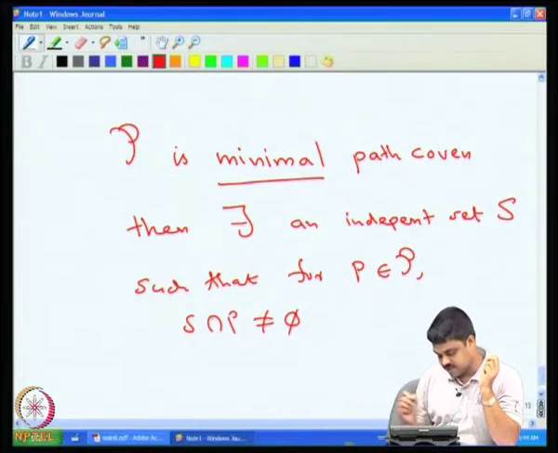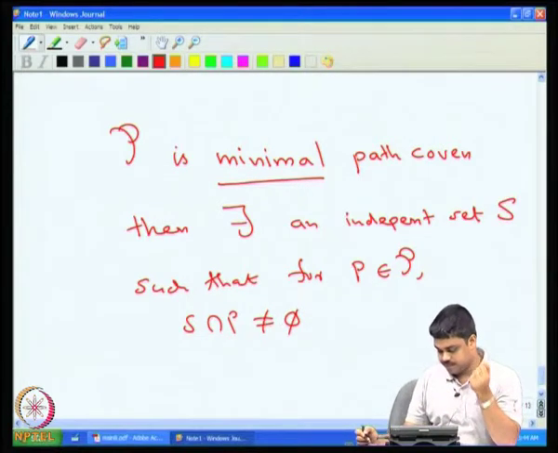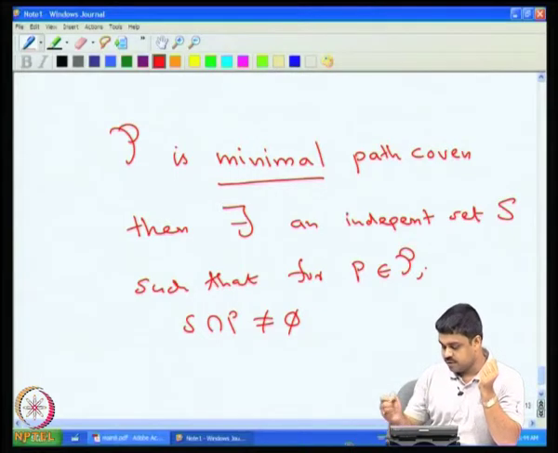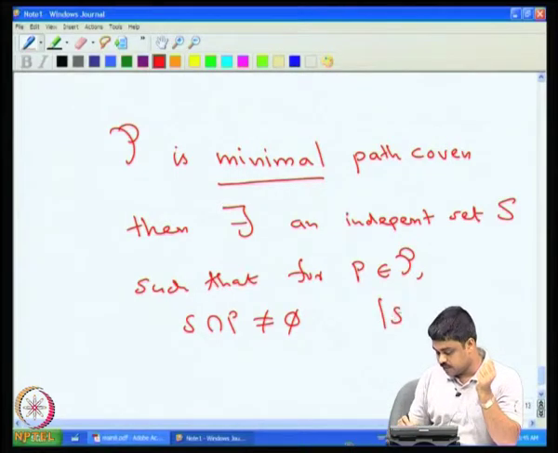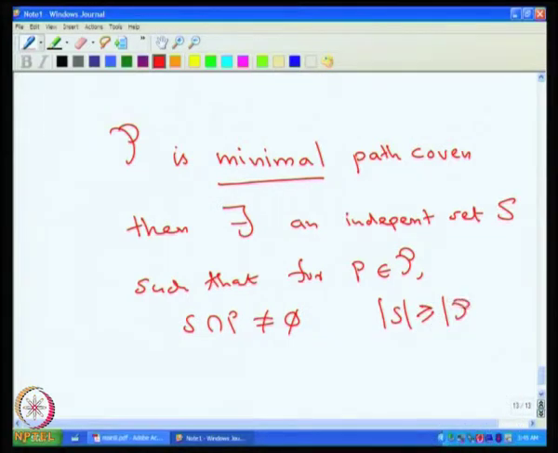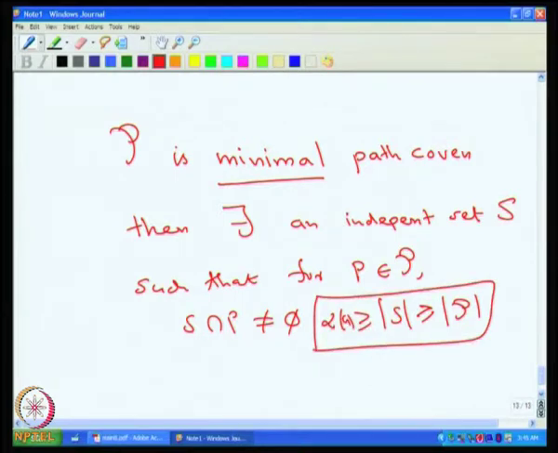So, we have some representatives from each path of the path cover. Therefore, the cardinality of S will definitely be greater than or equal to the cardinality of my path cover, and definitely this is less than or equal to alpha of G. This is what I am going to show.